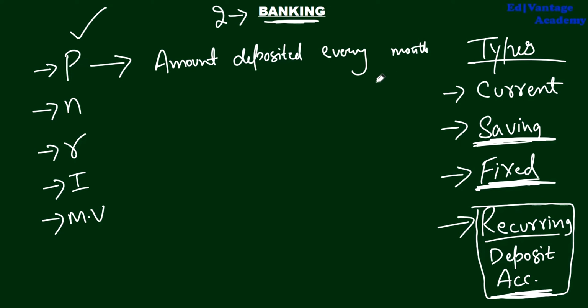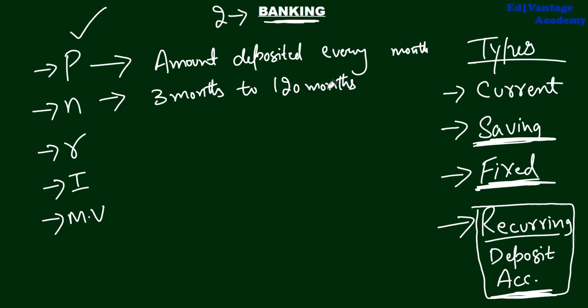But for how many months do we have to deposit the amount? That depends upon what you choose while opening the account. It can vary from 3 months and go up to 10 years, which is 120 months. Why am I talking about time in months?